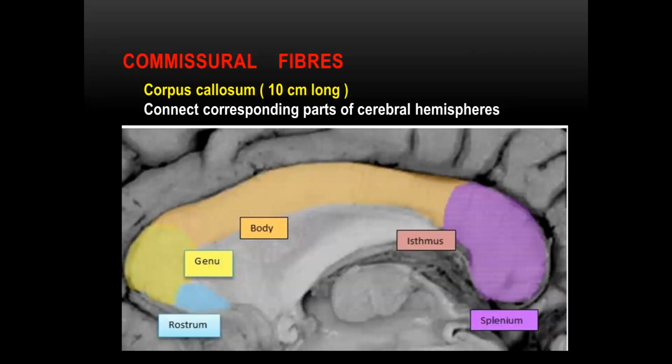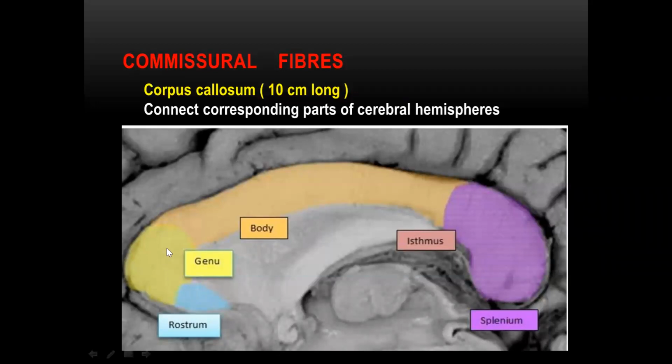The most important one is the corpus callosum. It is 10 cm long and connects, as we said, the corresponding parts of the cerebral hemispheres. It has parts: an anterior inferior part, located anterior to the lateral ventricle and inferior to the anterior lateral ventricle, called the rostrum.